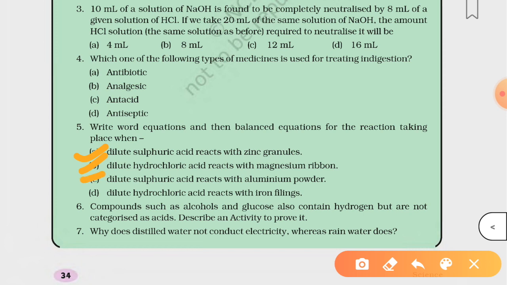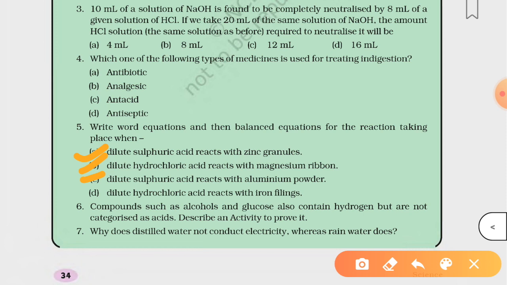Now the third one: dilute sulfuric acid reacts with aluminium powder. So the concept is the same. The reaction will be H2SO4 combines with aluminium to give aluminium sulfate, Al2(SO4)3, plus hydrogen gas. So you have to balance these chemical reactions.